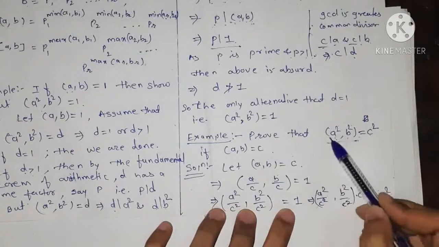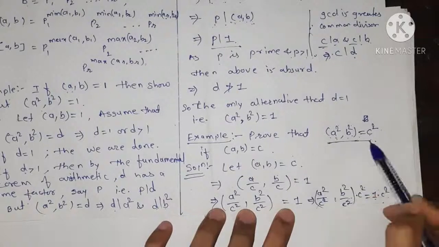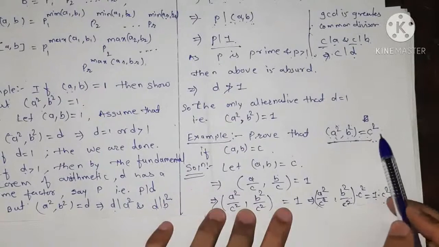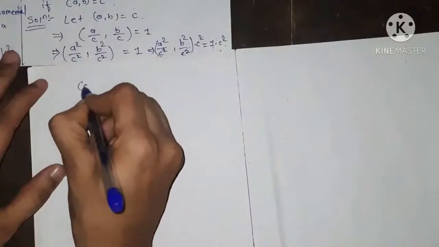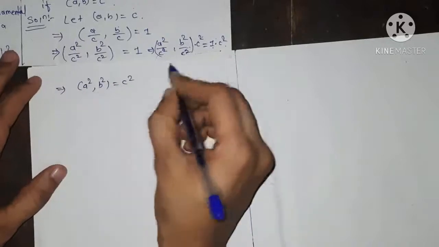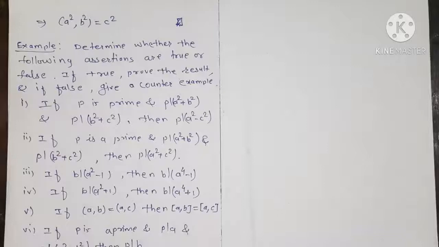So we get the GCD of A square comma B square, and 1 into C square is C square. Hence we get from this equation that the GCD of A square comma B square is equal to C square, and hence we get our result. Okay, so here we complete our second example.